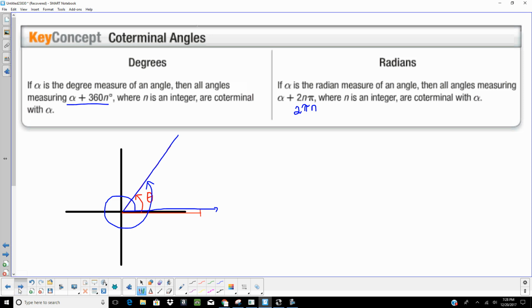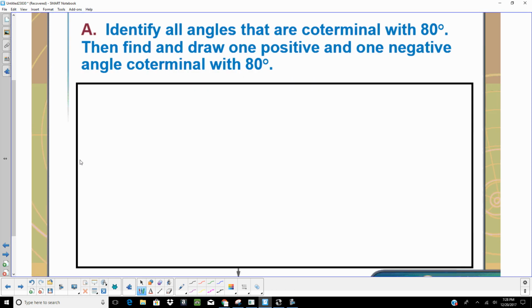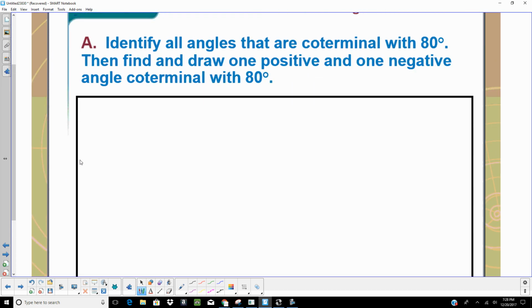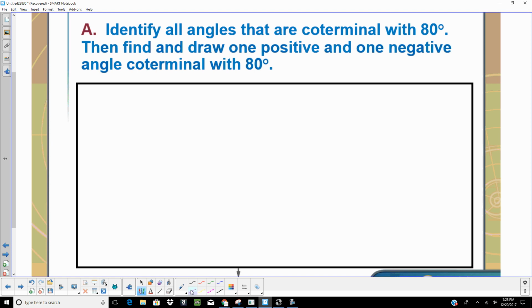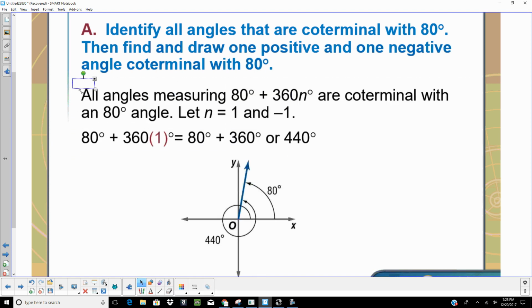Let's work one out. On this one, I want to identify all angles that are coterminal with 80 degrees and then find and draw one positive and one negative. We're dealing with degrees, so let's see what that looks like. Here's 80 degrees just drawn out, and that's easy to picture.